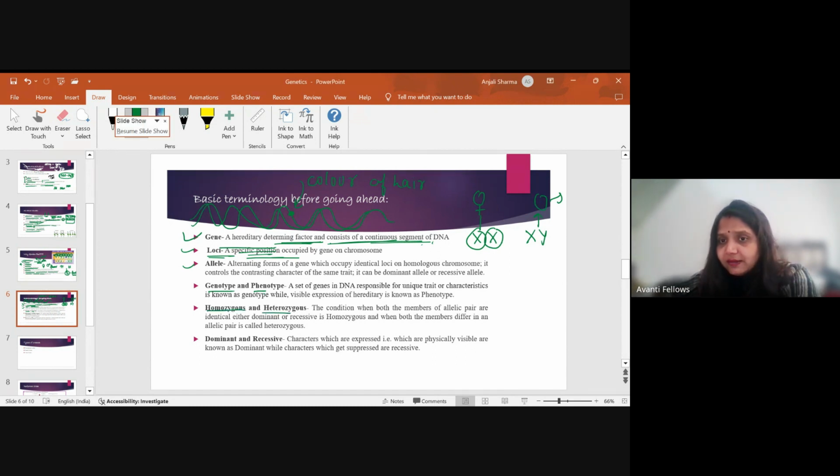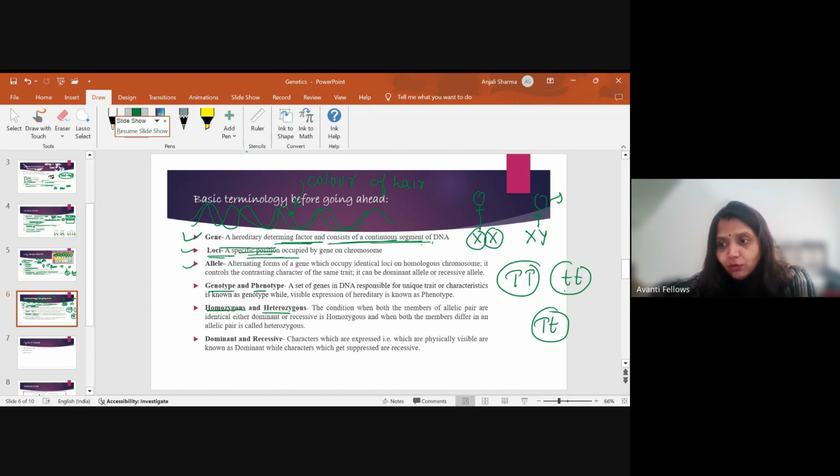Next is homozygous and heterozygous. Now, what do you understand by homozygous and heterozygous? It is nothing but what I would have told you. Capital T, okay, small t, and this is capital T and small t. So capital T and capital T, what are they? These are the homozygous character. Though one is dominant, one is recessive, that's not the case.